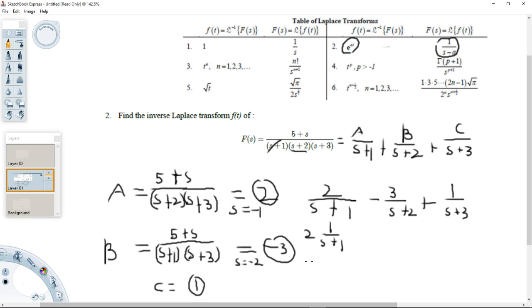So this would be 2e to the negative t. So that would turn into that, and that would turn into that. So this would be added, or rather subtracted, with 3 that you factored out, times e to the negative 2t.